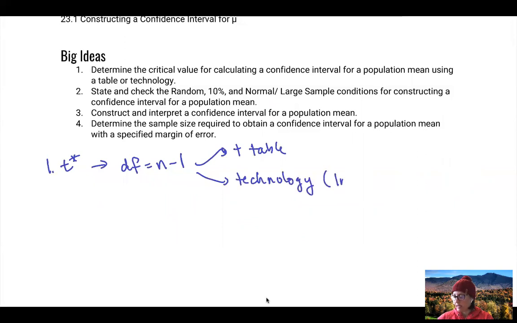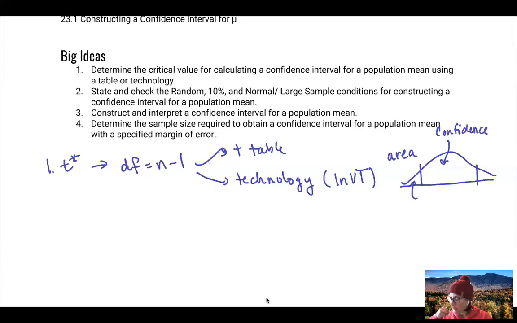On your calculators, that's inverse t. And when it asks you for the area, you want to think about what confidence level you're looking at, and then figure out what the area would be in the tails. And that's the area that you would use either on the t-table or in your calculators.